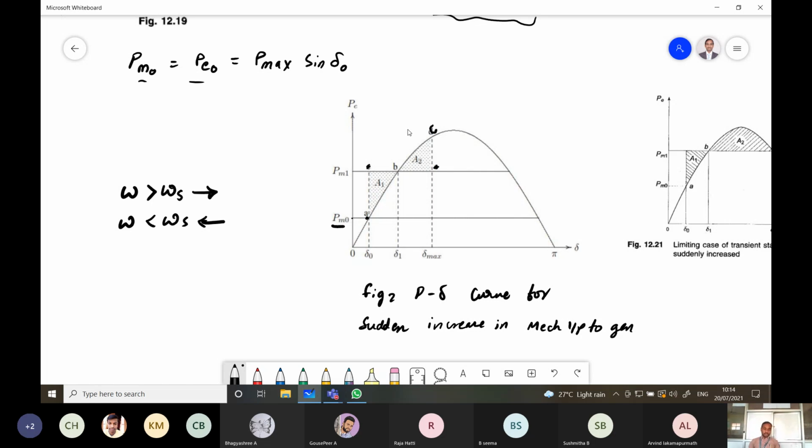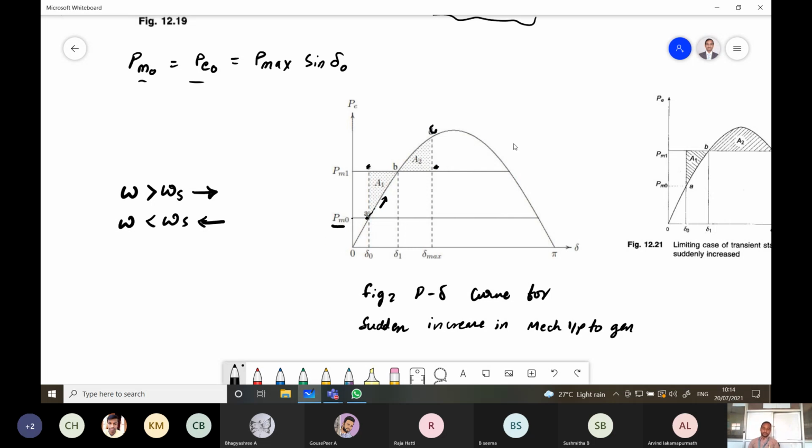So in this case, at point A, the mechanical input to the rotor suddenly increases from PM naught to PM1. That is, it suddenly increases from point A to this point, like this.